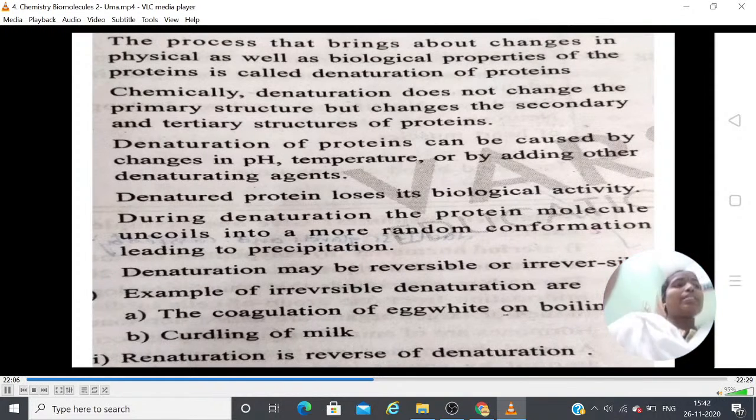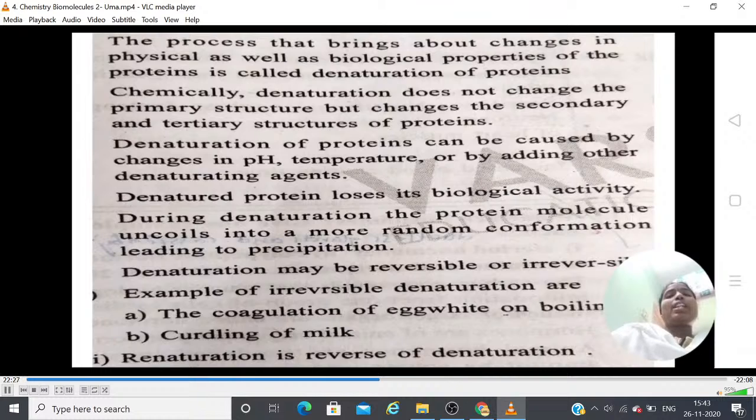Chemically, denaturation does not change the primary structure but changes the secondary structure and tertiary structures of the protein. So let us explain the denaturation of the protein step by step.